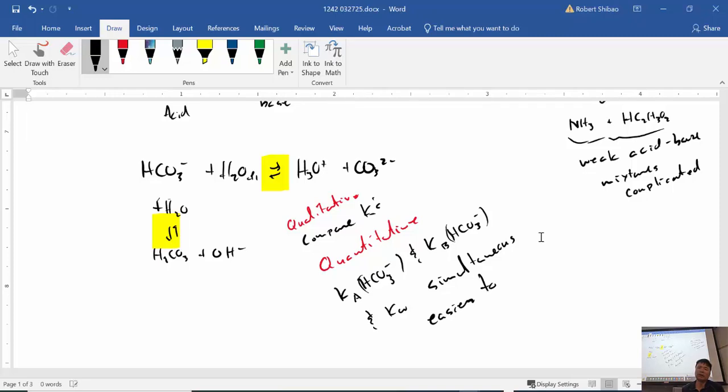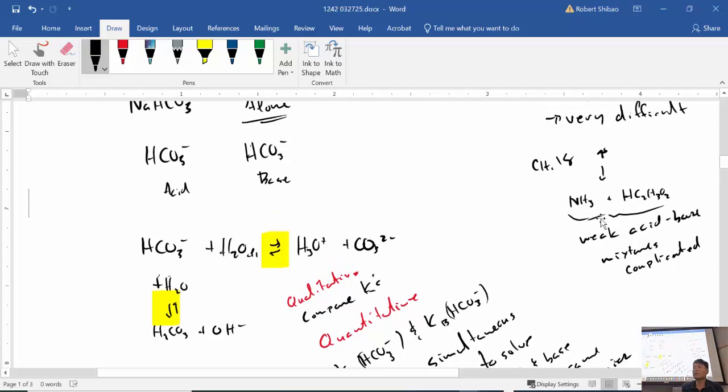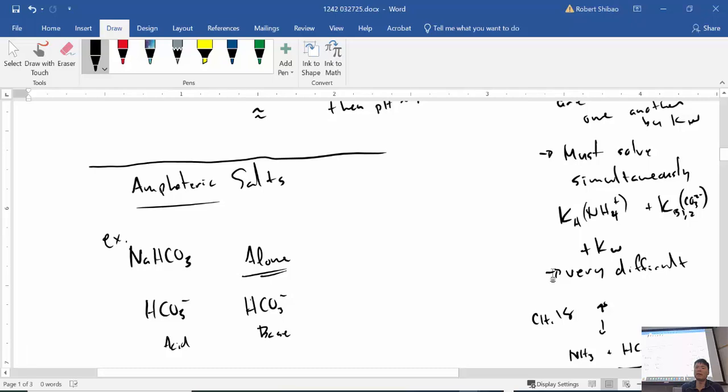Can you tell why it's easier to solve? Because the acid and the base are the same species. Whereas the previous problem, the acid and the base are different species. The acid being ammonium and the base being carbonate.